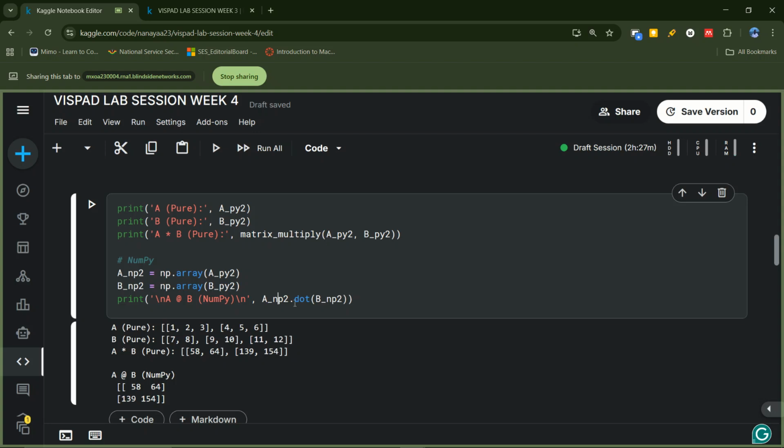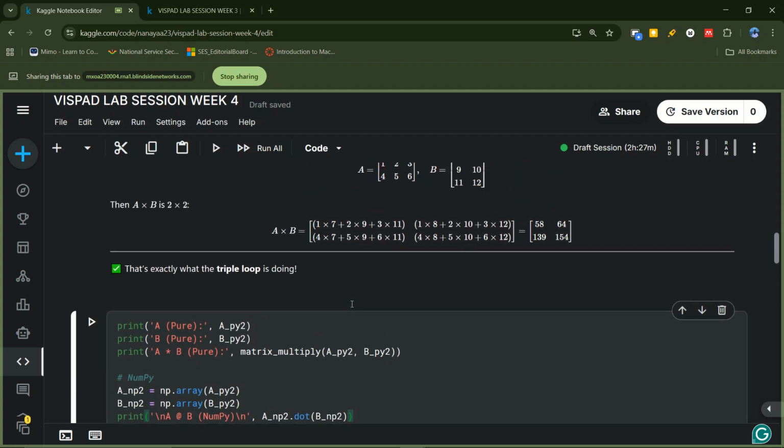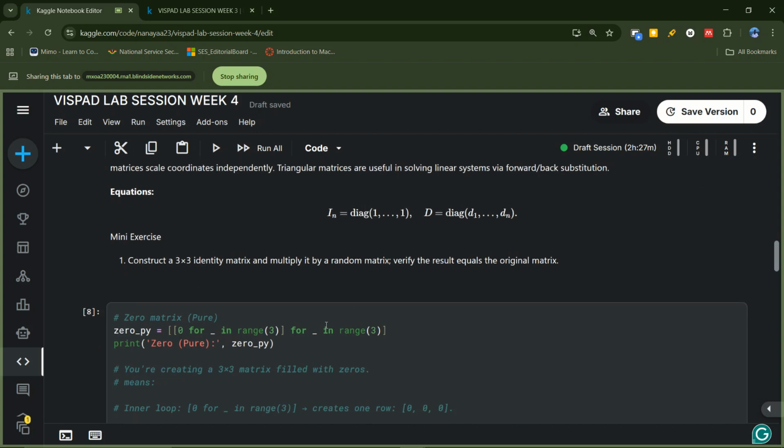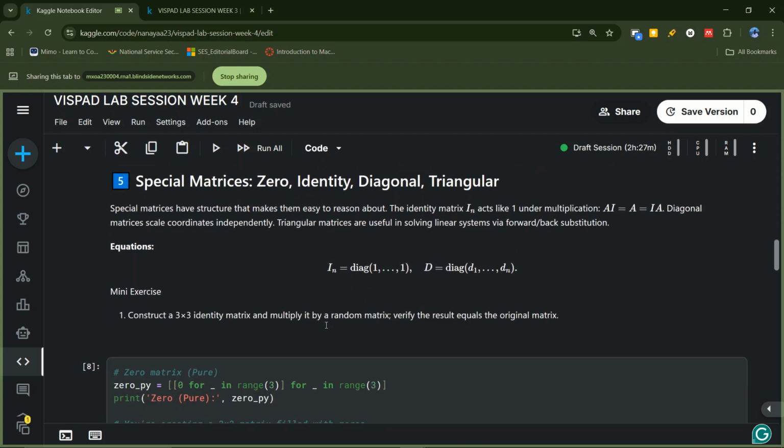So a underscore np2 dot dot, that is the dot product of each element of a and b. When you take one row of a and one column of b and multiply them, that is the dot product of the elements.